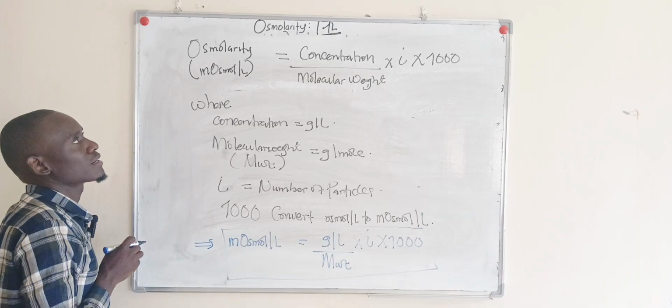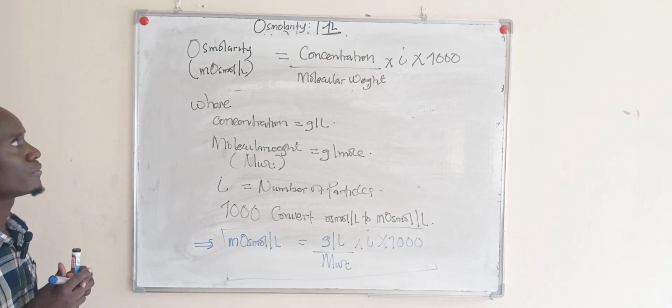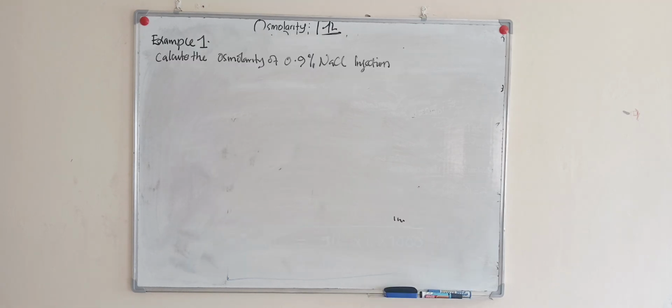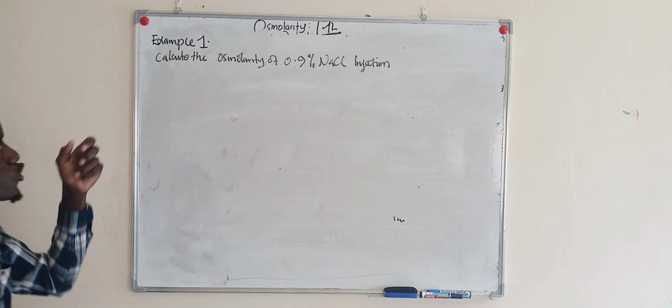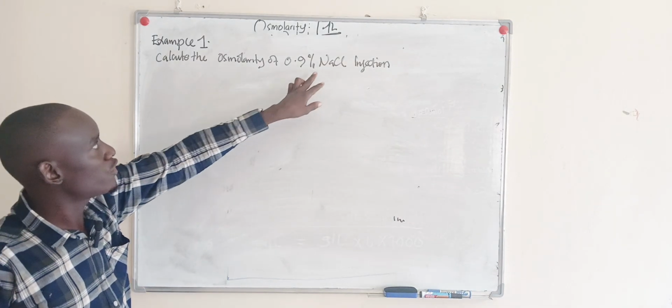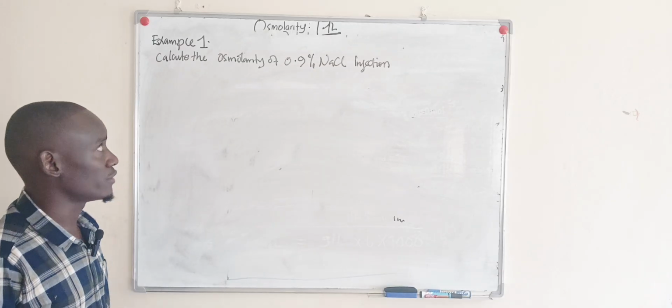Let us look at the first example. Calculate the osmolarity of 0.9% weight in volume sodium chloride injection.